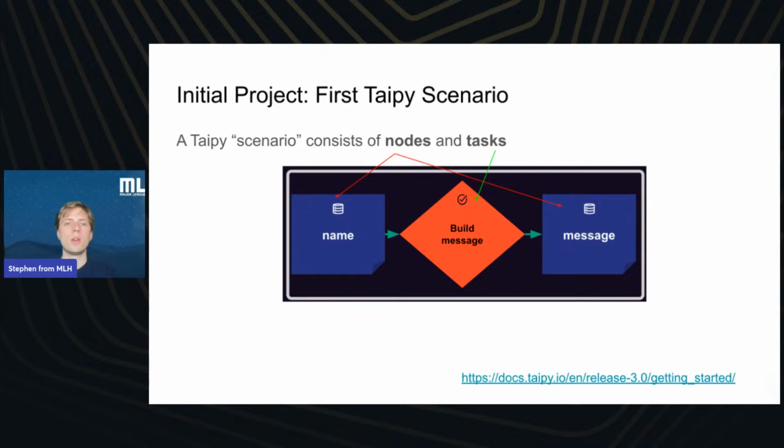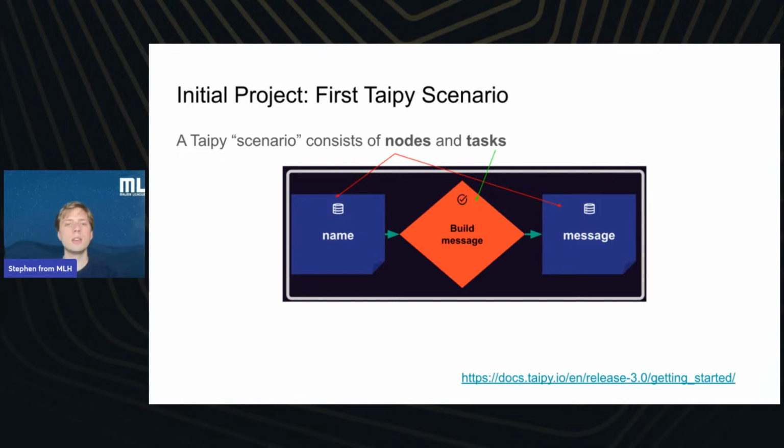A scenario is what is composed of nodes and tasks, and those are two separate things. We did a Hello World project last time where you gave your name as a node and placed that into the build message task, which processed the information and returned a message in the message node, which would be the output node.